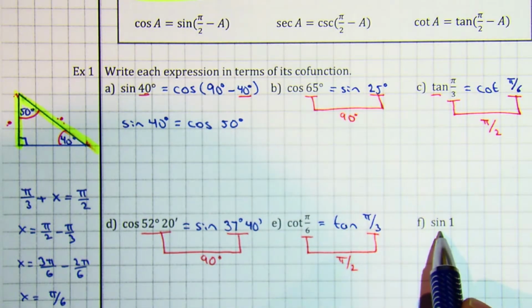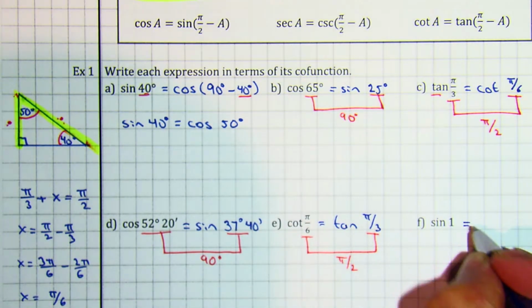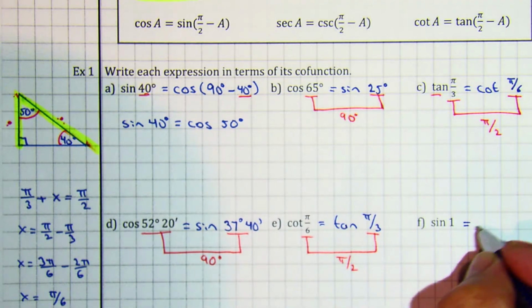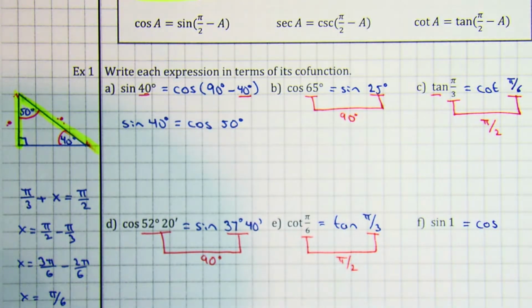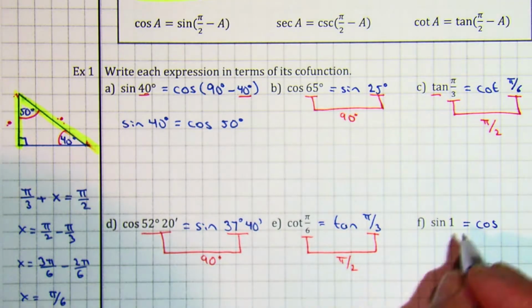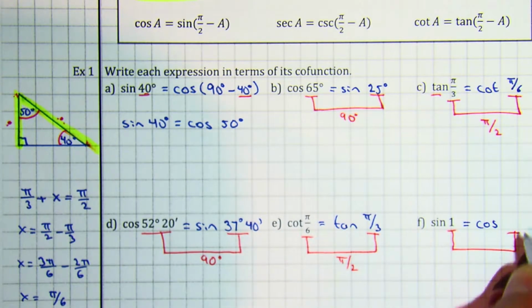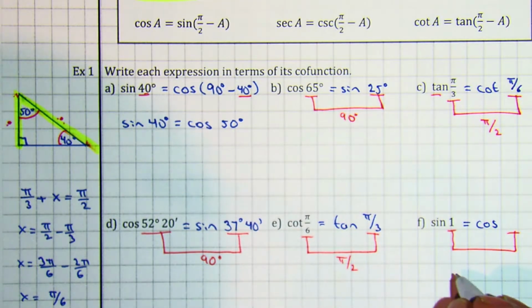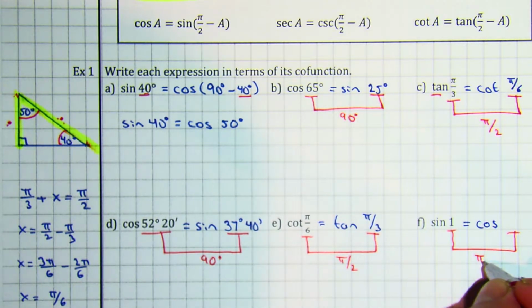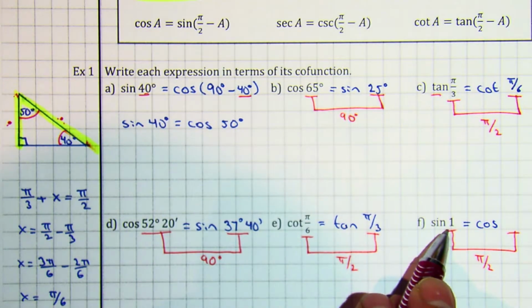And the sine of 1. Sine is the cofunction of cosine. 1 plus one number will give me pi over 2. Remember that this is not degrees, this is radians.